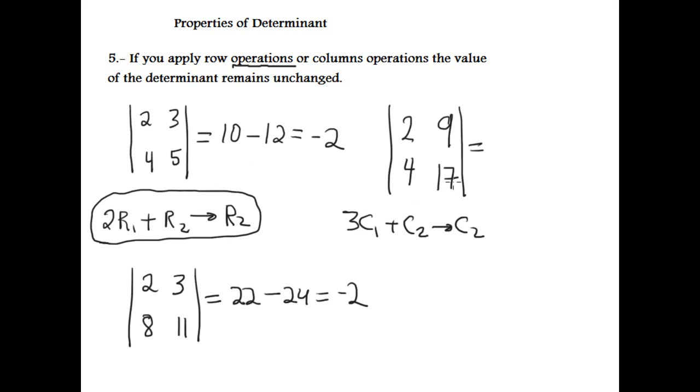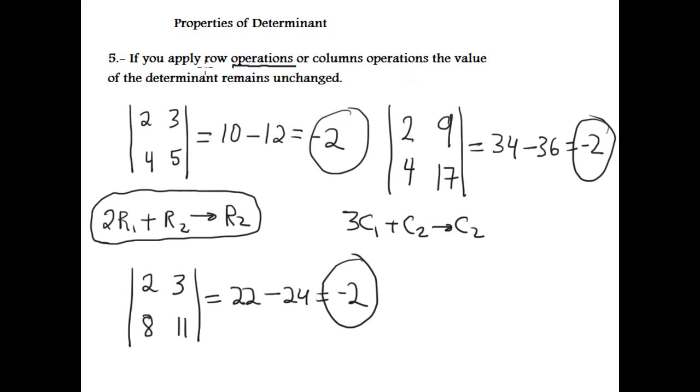Now multiplication: 17 times 2 is 34, minus 9 times 4 is 36, and the answer is negative 2. So it stays the same, negative 2, negative 2, and negative 2, when you are doing row or column operations.